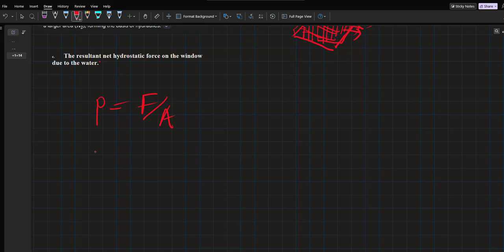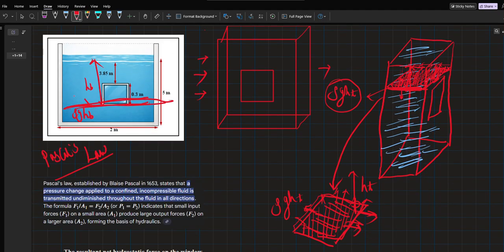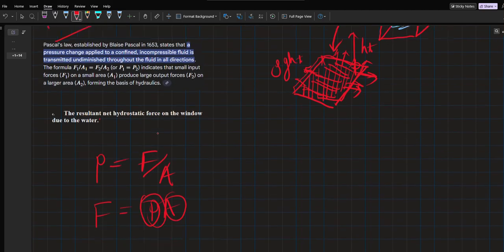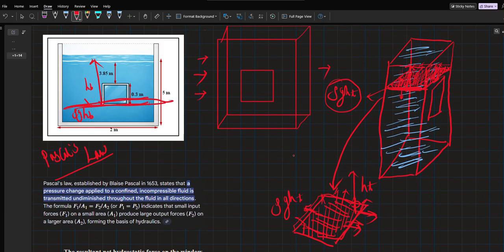So from this relation, you can find the force if you know the pressure and the area. So you just need to find the pressure, which we already guessed should be related to this. So let's do that.